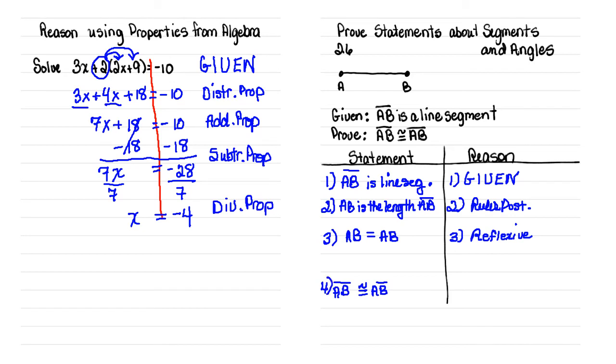So therefore, AB is congruent to AB. Definition of congruent segments. And you've done a proof.